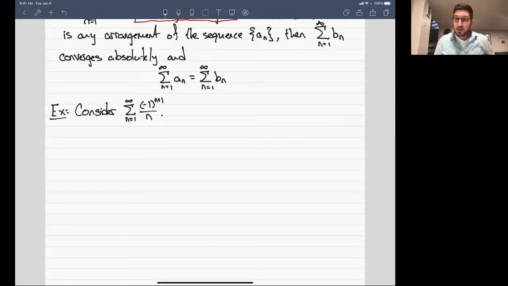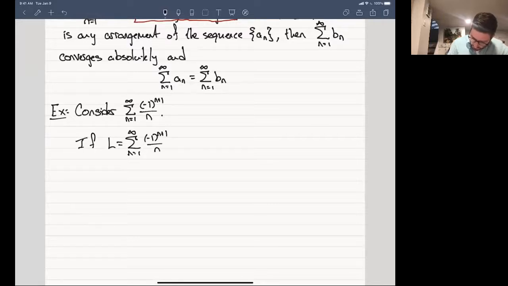Well, we can use the approximation theorem to find out that the sum, so let's say L is equal to this summation over n, we can use the alternating series approximation theorem. So that was the second theorem from the previous video.